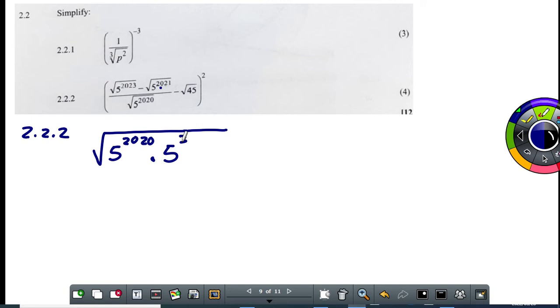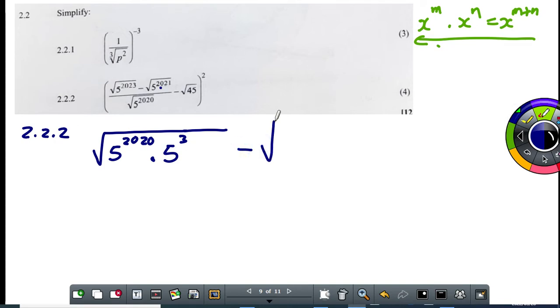I'm using law 1 of exponents, moving from the right hand side towards the left hand side. Okay, just to remind you, x to the power of m times x to the power of n is equal to x to the power of m plus n. So I'm moving from the right hand side towards the left hand side. Okay, then minus. I'll do the same for the second term, so this will be 5 to the power of 2020 times 5 to the power of 1.